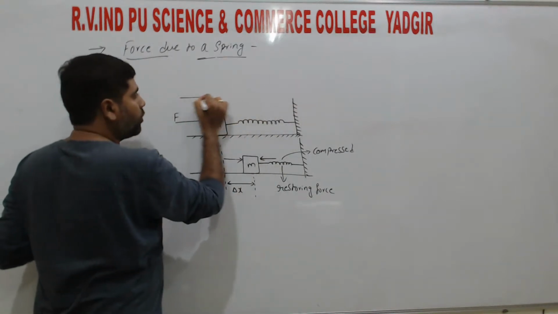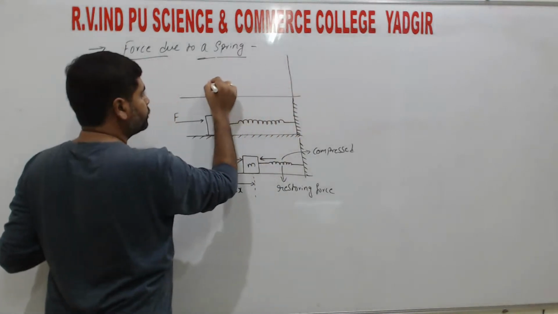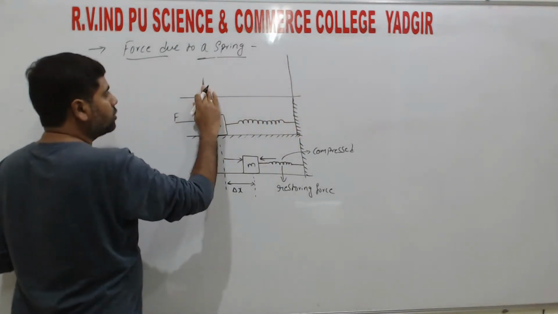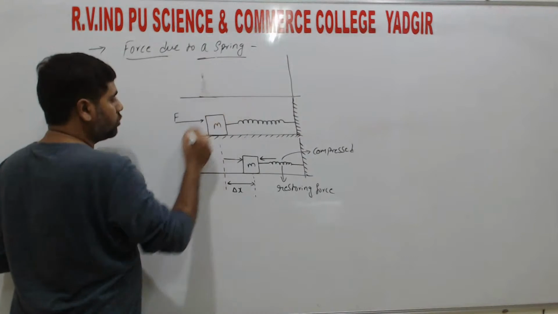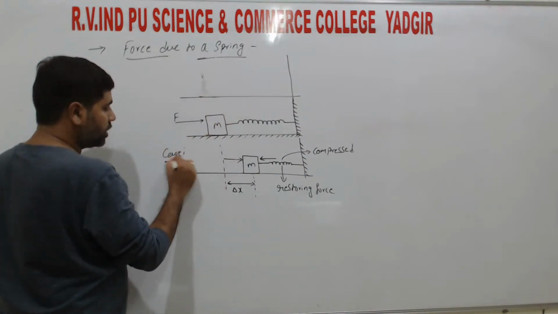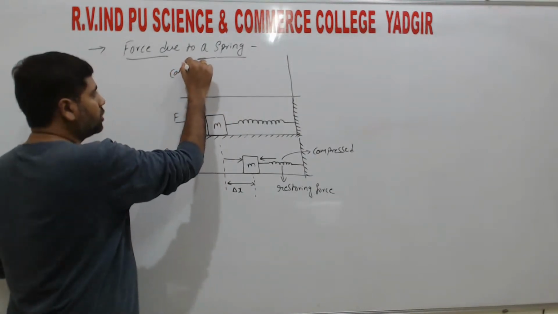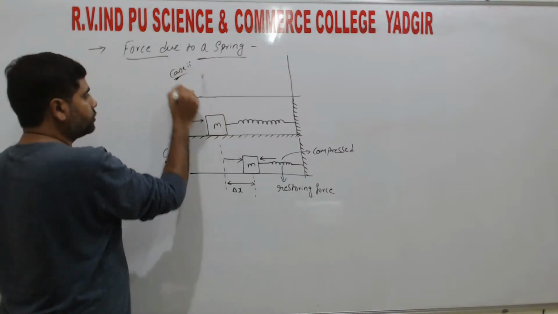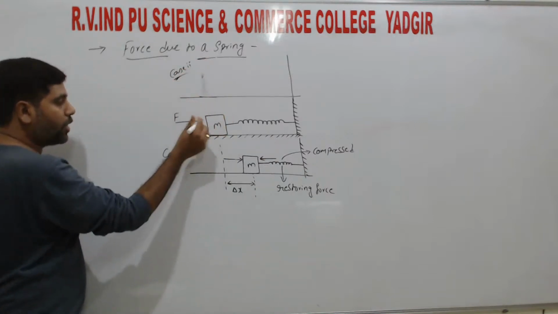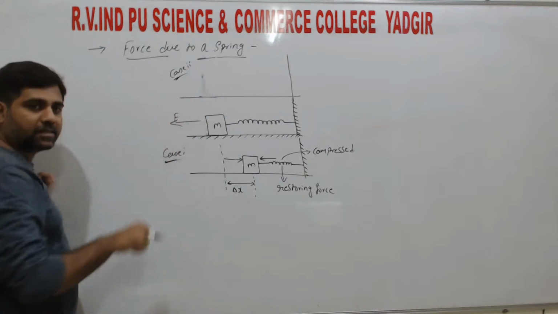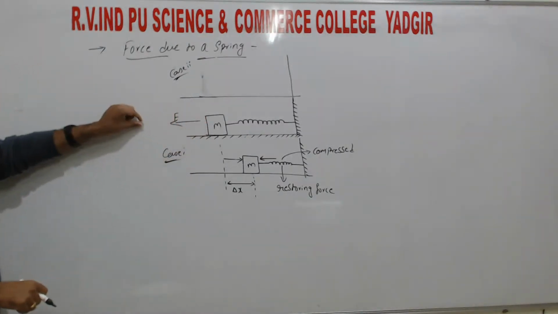Taking the same example, here is the block. In the first case we studied this. Now in the second case, force is applied in the negative x-axis. That means we are pulling this block.